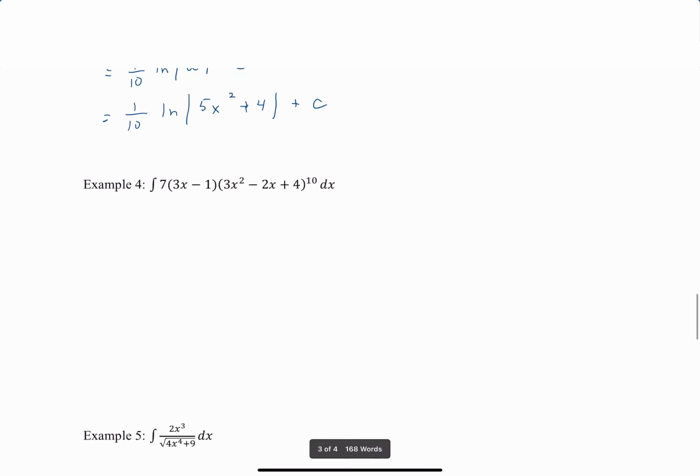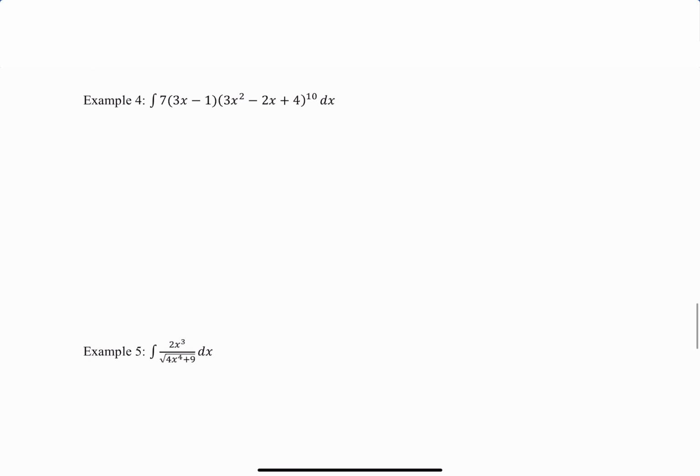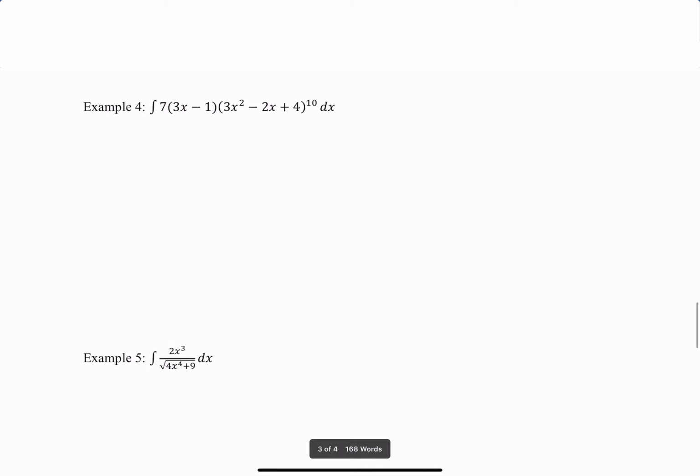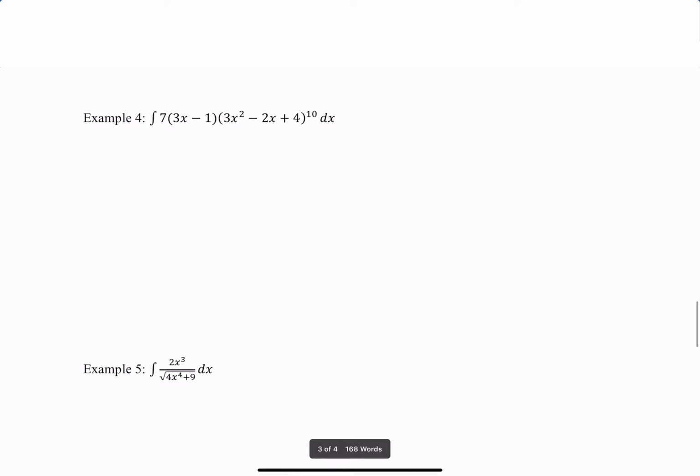Let's try the next one. We want to find the antiderivative for 7 times the quantity 3x minus 1 times the quantity 3x squared minus 2x plus 4 to the 10th power. Boy, there's a lot of stuff going on in here. We've got things being multiplied. We've got a big old thing raised to the 10th power.